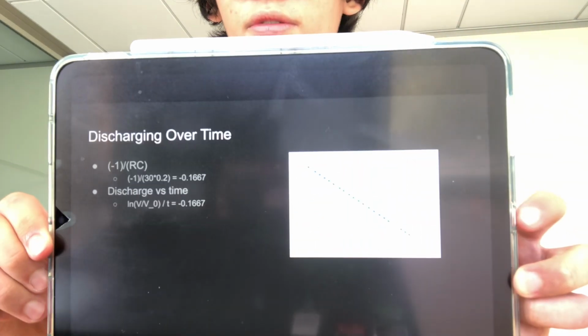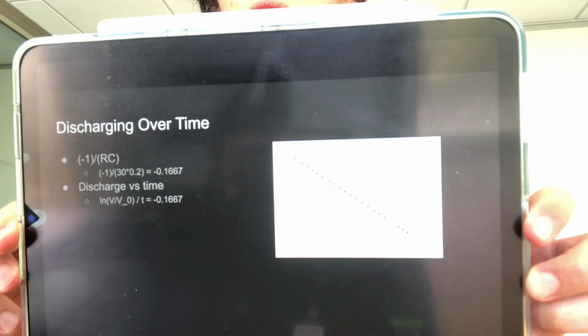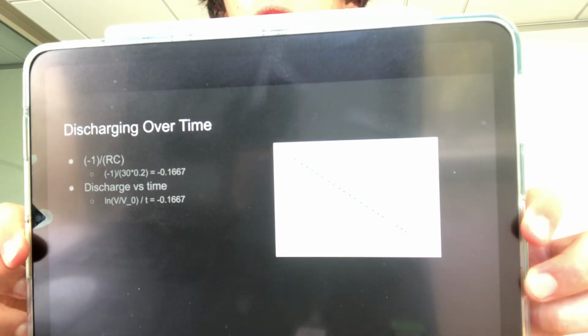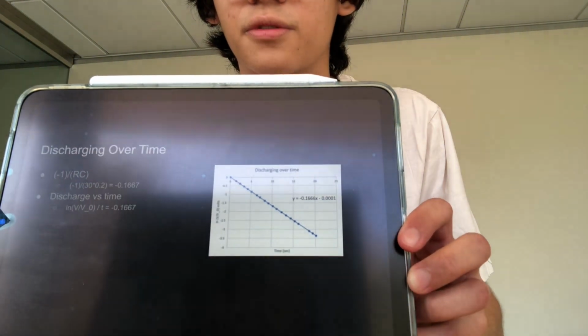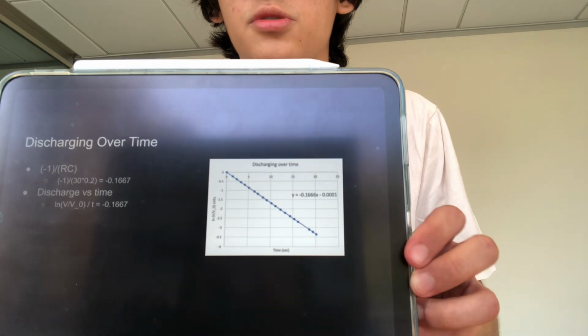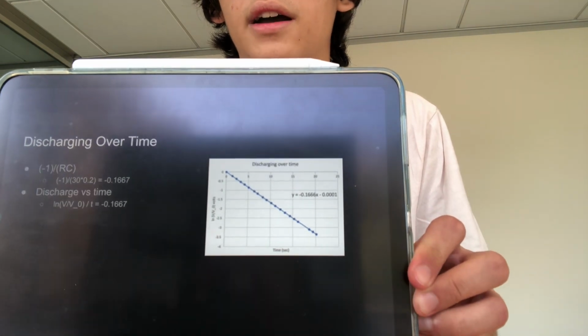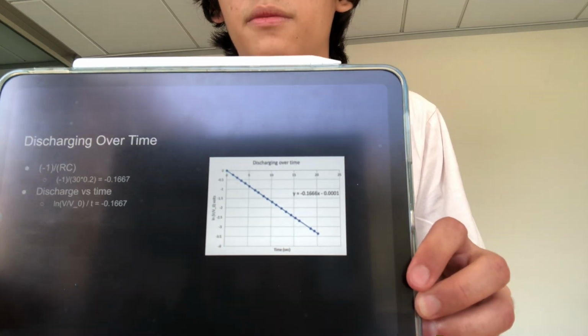For the discharging over time, we took negative 1 over RC, which was equal to negative 0.1667. We also took the natural log of V divided by V naught over t, and we found the same value.